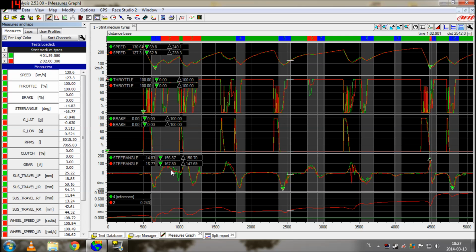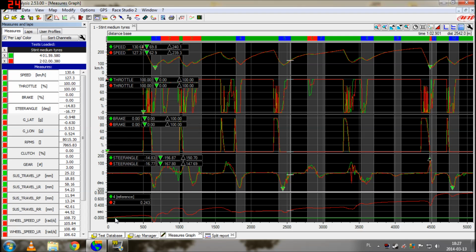And the last option, also very important when you compare different laps or drivers, is the reference, which shows you the actual gap between the analyzed laps. Because the green lap is faster, that's our reference lap.